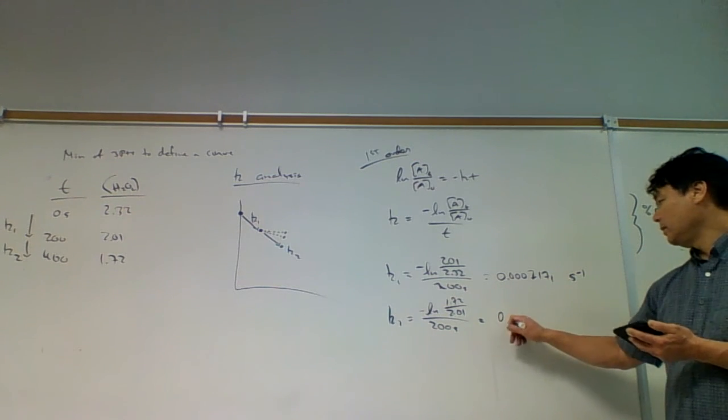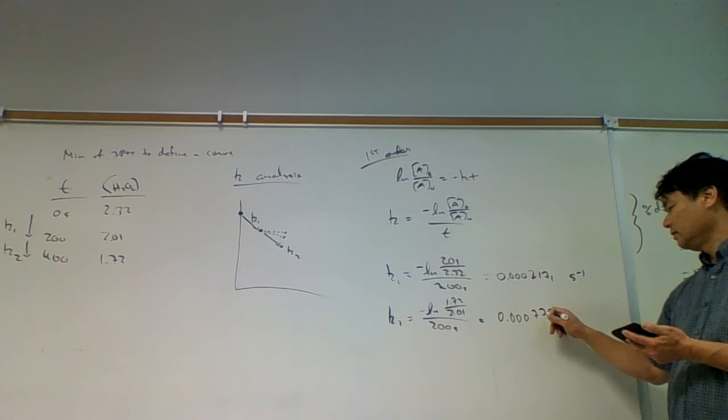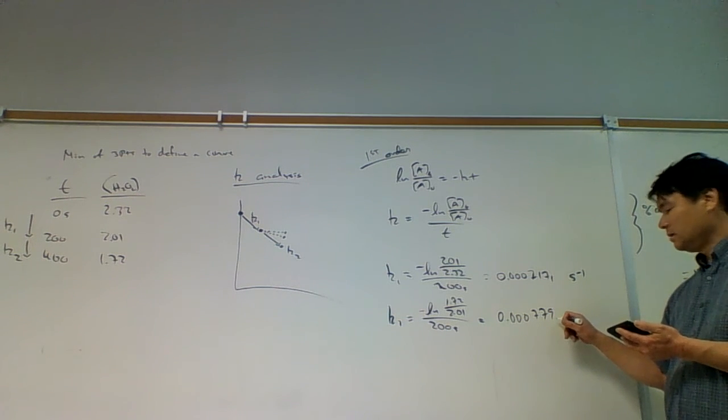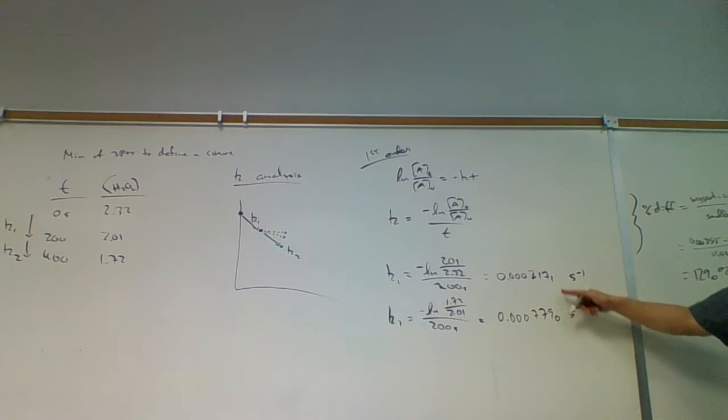I get 0.000779 seconds to the minus 1. So it looks off, 717, 779. It doesn't look like it's the same, right?